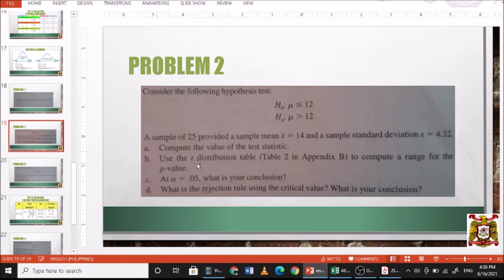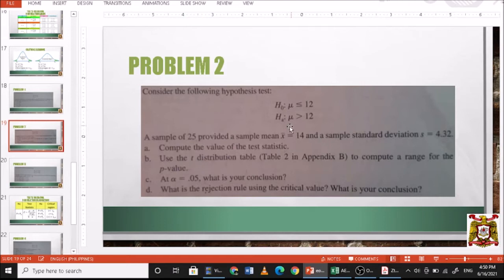There is a recommended t-distribution table to compute the range for the p-value, but we're going to use the table that we used for estimation of parameters. At alpha equal to 0.05, what is the rejection rule using the critical value, and what is your conclusion?